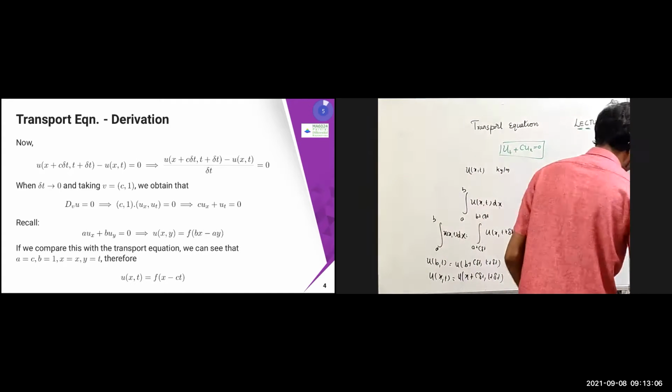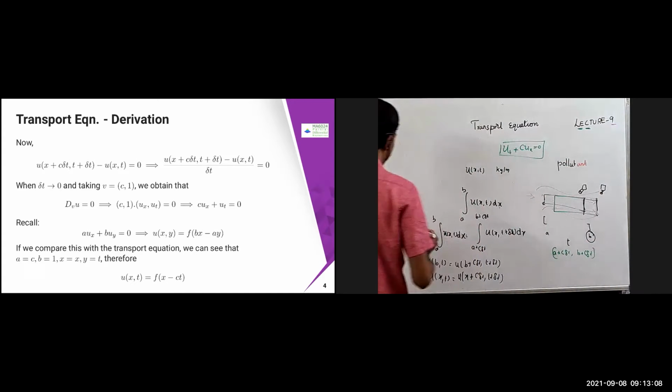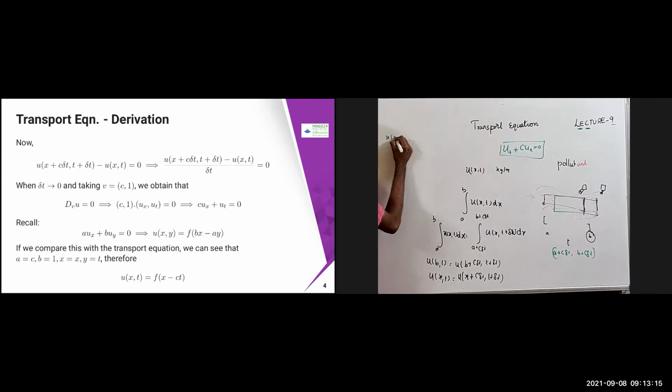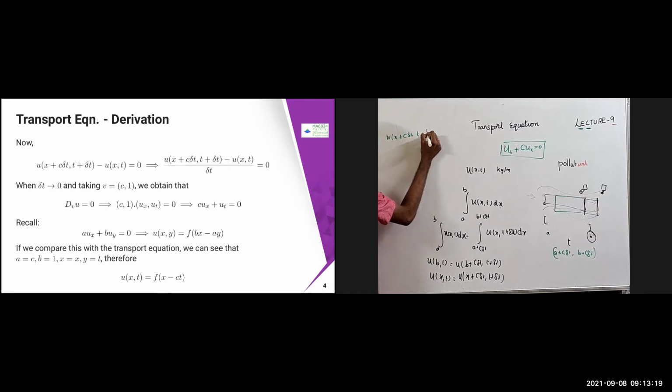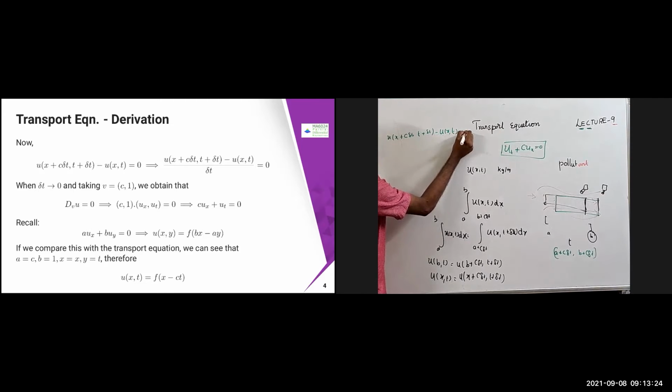So I'm just writing this equation as follows: u(x + c Δt, t + Δt) minus u(x, t) is going to be 0.